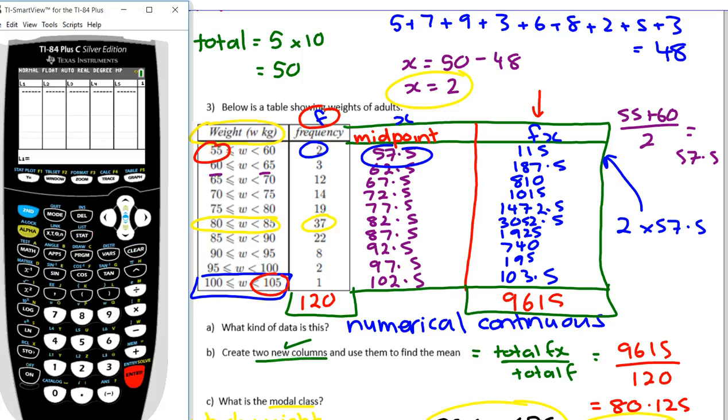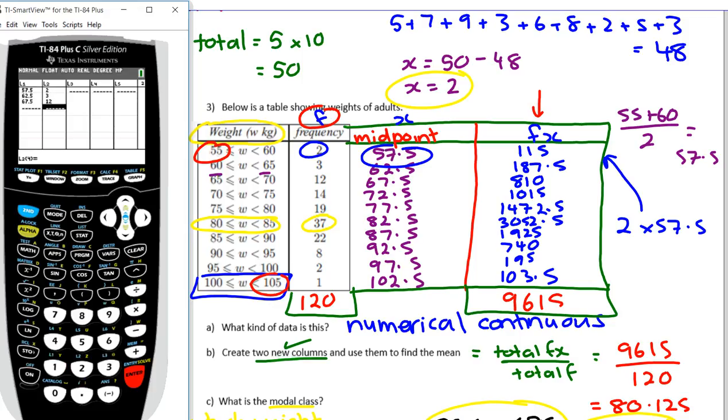I would put my midpoint in here, like 57.5, 62.5, 67.5, and put all of those in there, of course, not just the first three. And then put in your frequencies in the second column. Make sure to put the frequencies in the second column, and so on and so on.